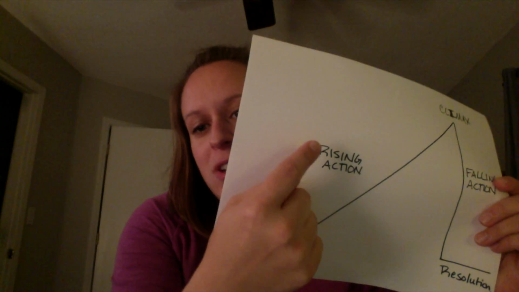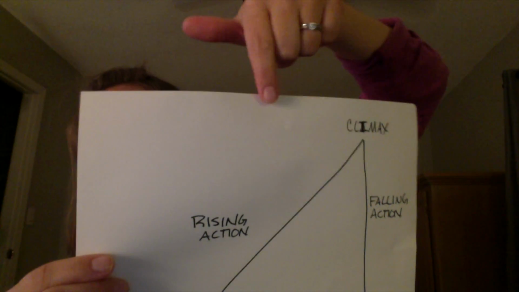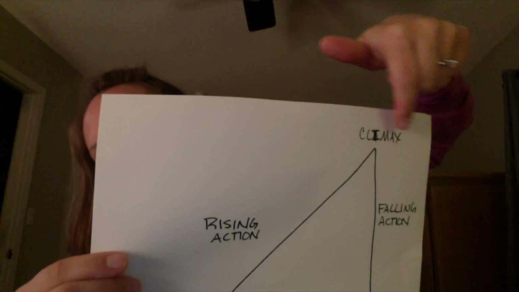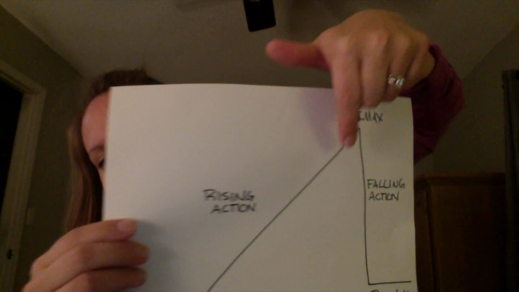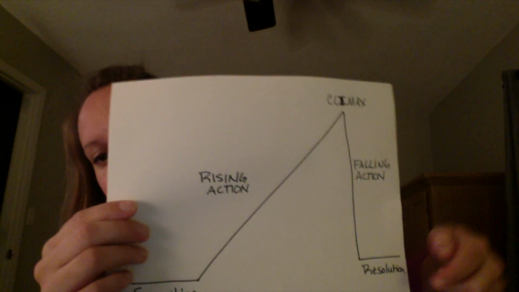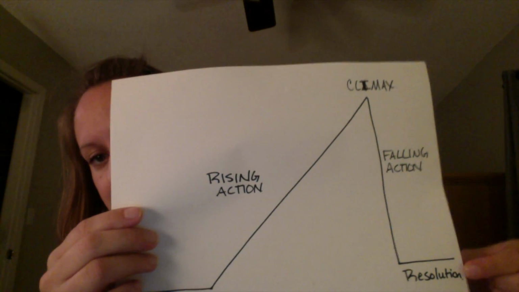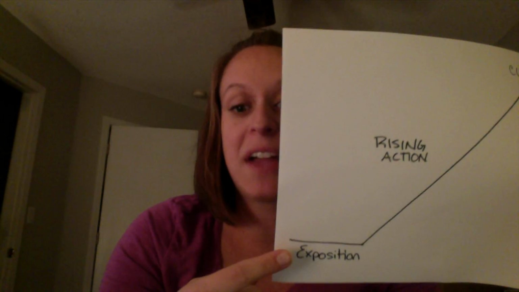So rising action is next. Then all the way at the top, see, I got a little excited and I almost misspelled it. Climax right here at the very top. Then about halfway down, you're going to want falling action. And then way down at the bottom is resolution.